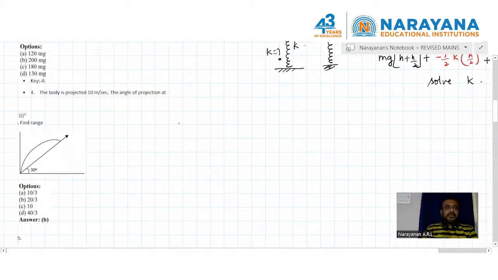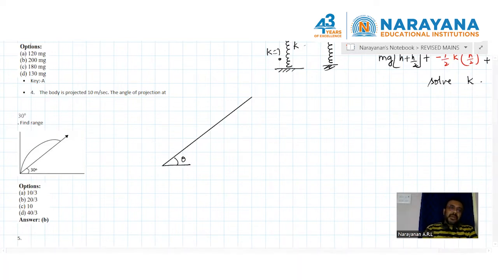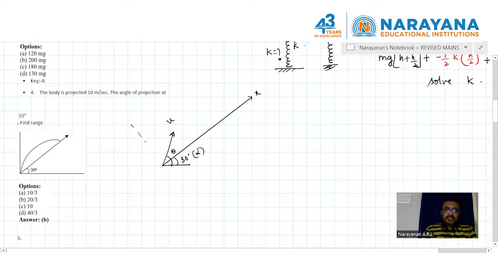You are given a particle being projected like this. It's a question related to range. A particle is projected up the inclined plane, say at an angle of 30 degrees. Let me call this alpha. This is u. Let this be theta. This is your x direction and this is y direction. This is the value of g.